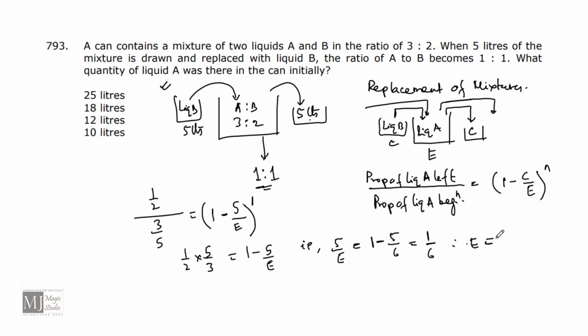Therefore, E is 30 liters. The size of the container is 30 liters. Then what quantity of liquid A was there in the can initially? A initially was 3/5 of the container size, that is 18 liters.